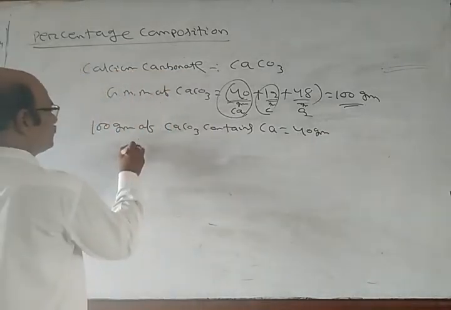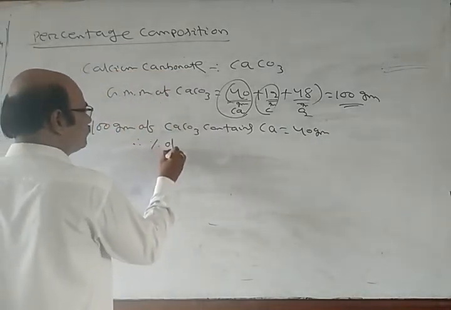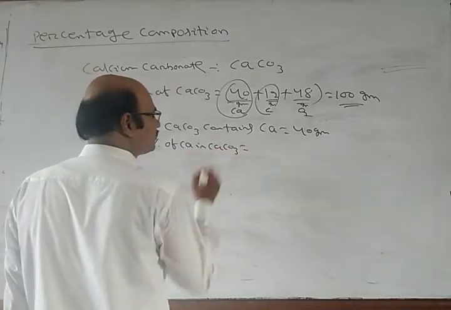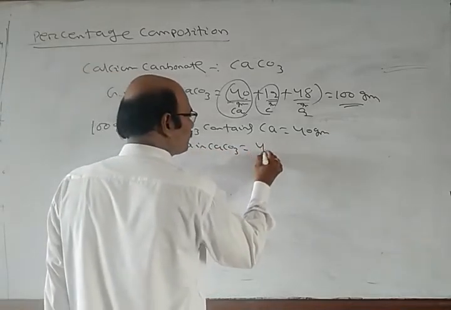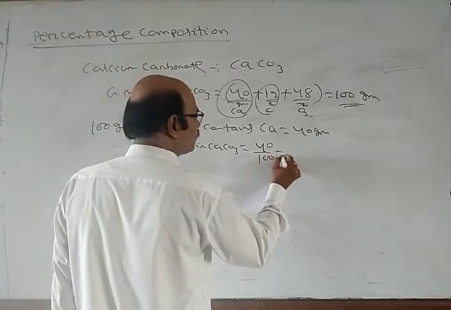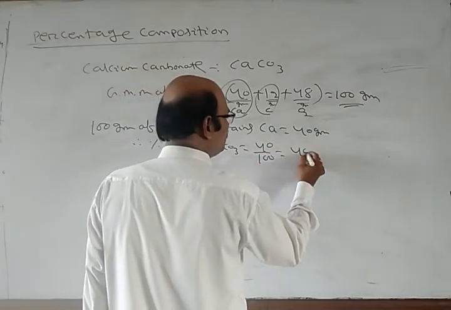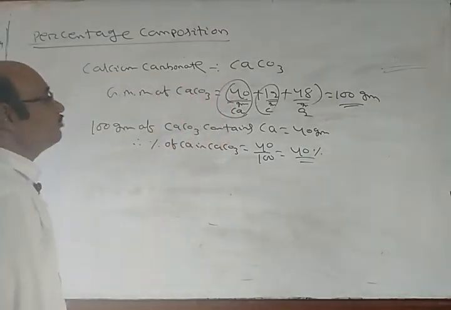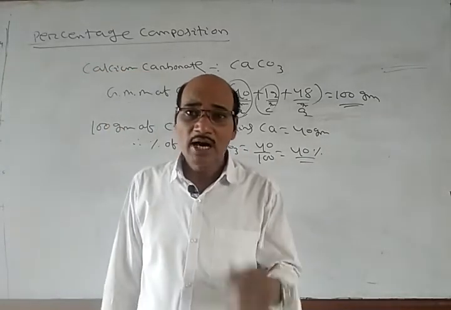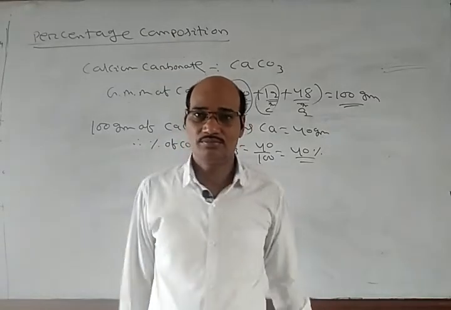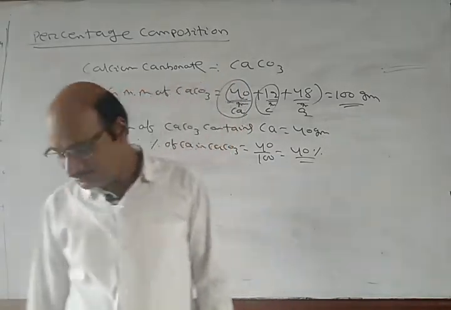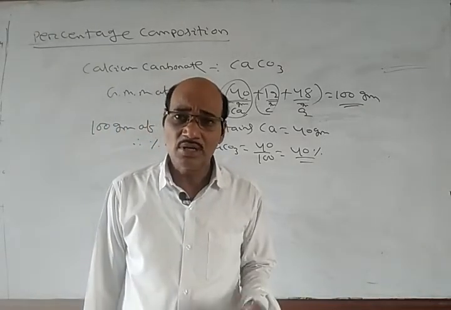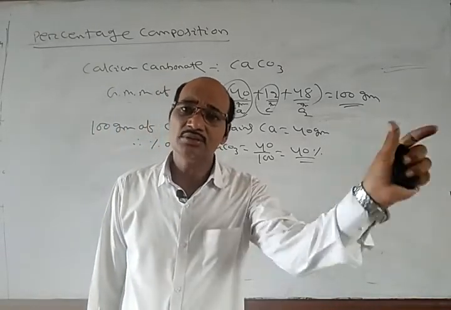Therefore, percentage of calcium in calcium carbonate is equal to 40 by 100, equal to 40%, right? So percentage means how much out of 100? How much of a particular component is present out of 100 parts of the molecule?